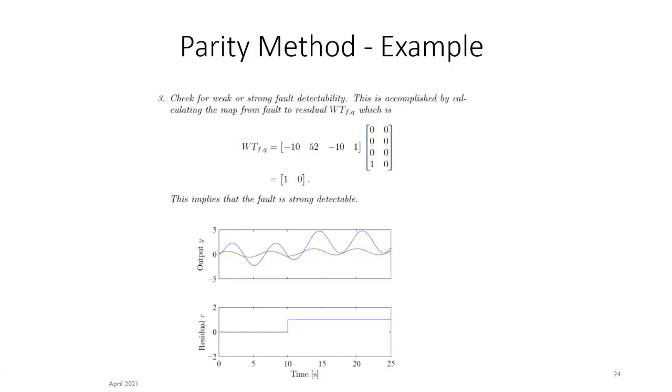Remember that in reality, you don't get a residual that clean. It is noisy, so even when it is 0, it's noisy, and when it changes value it is still noisy. But from the mean value, for example, we can check. We'll talk about how to make decisions. The focus of today's lecture is to generate the residual; making decisions on the residual will be the topic of the next session.